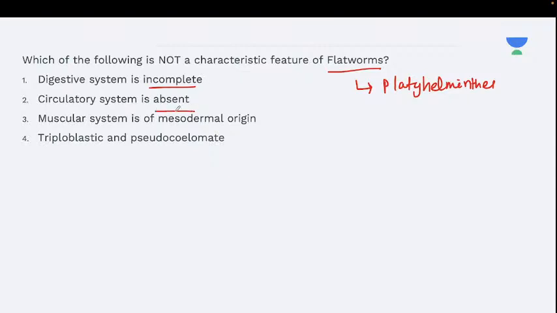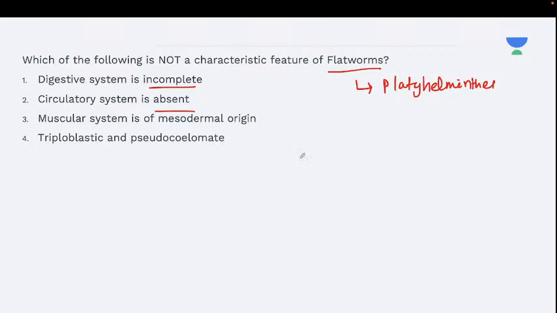Circulatory system is absent. Yes, there is no circulatory system, because these are very primitive organisms. They do not have a circulatory system like blood or fluid. Muscular system is of mesodermal origin.